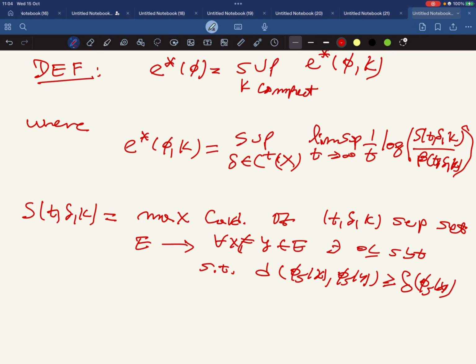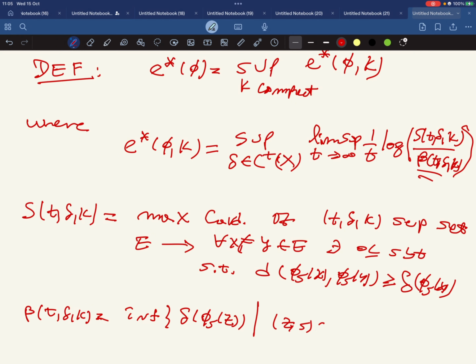Remember, delta is a function here, not a number. And this beta is the same as before. Beta(T, delta, K) is precisely the infimum of delta of phi S of theta such that (theta, S) belongs to K times [0, T]. This is a correction number, okay?